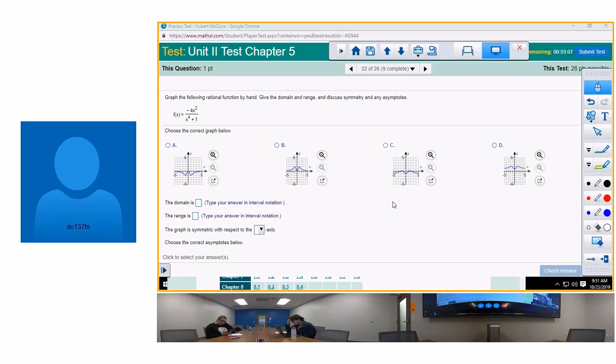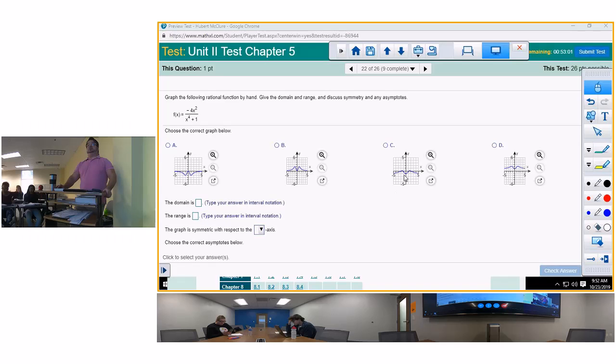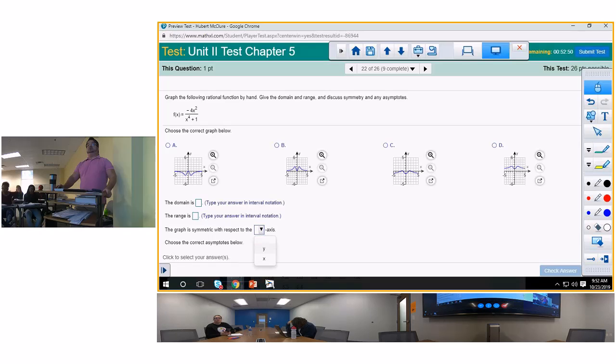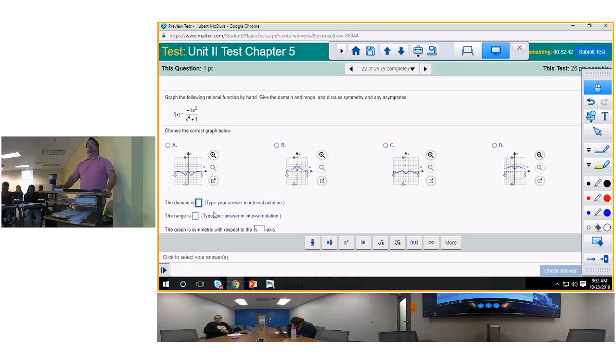Around the y-axis. You can see that, especially D and C and B. It's not symmetric this way and it's not that way. So you know that it's symmetric around the y-axis. Domain on all of them is all real numbers.